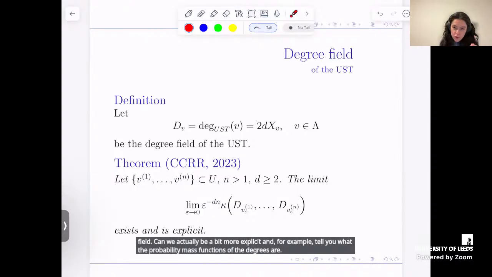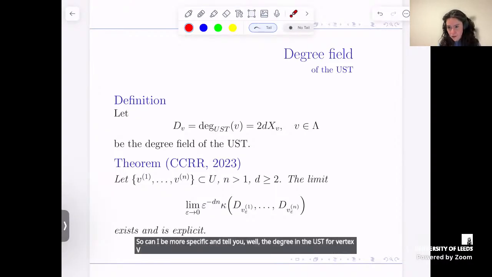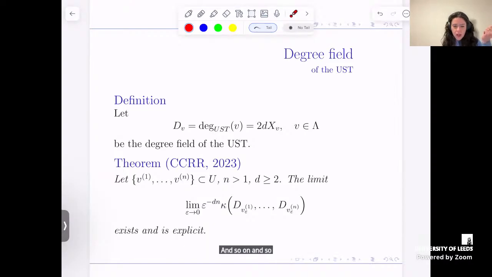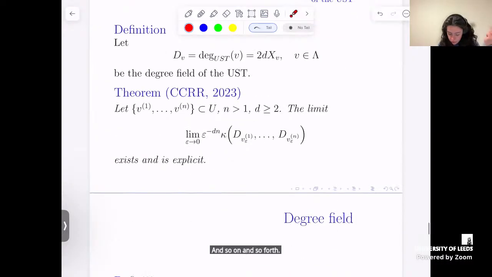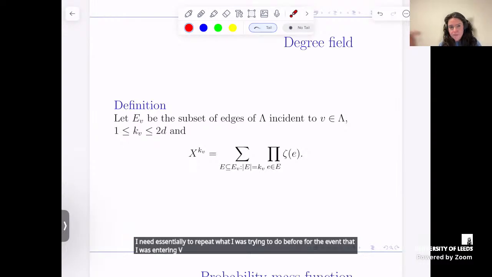So can I be more specific and tell you, well, the degree in the UST for vertex V is exactly 1, or is exactly 2, and so on and so forth. So in order to do that, I need essentially to repeat what I was trying to do before for the event that I was entering V via preferred edge.